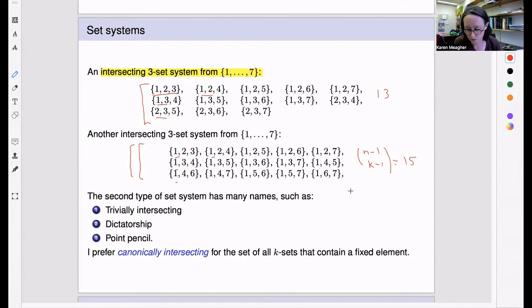Somebody once drew pencils with points and said it's just like that. And I'm like, okay. I prefer the term canonically intersecting because it's intersecting in the most obvious and simple way possible. By canonically intersecting, I mean the collection of sets that intersect because they all have a common element.